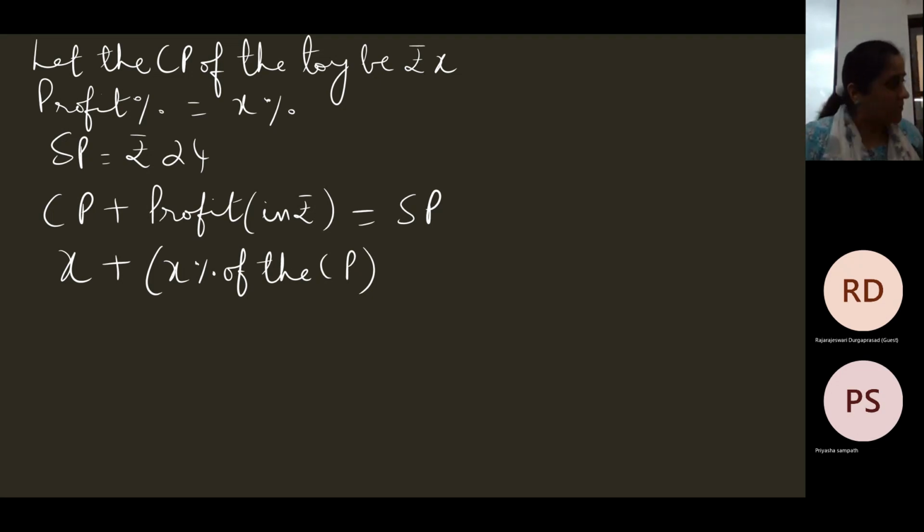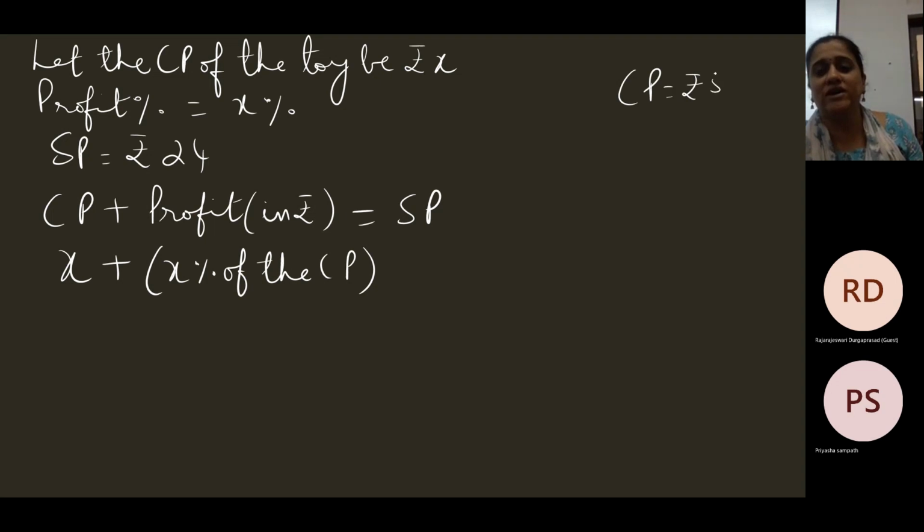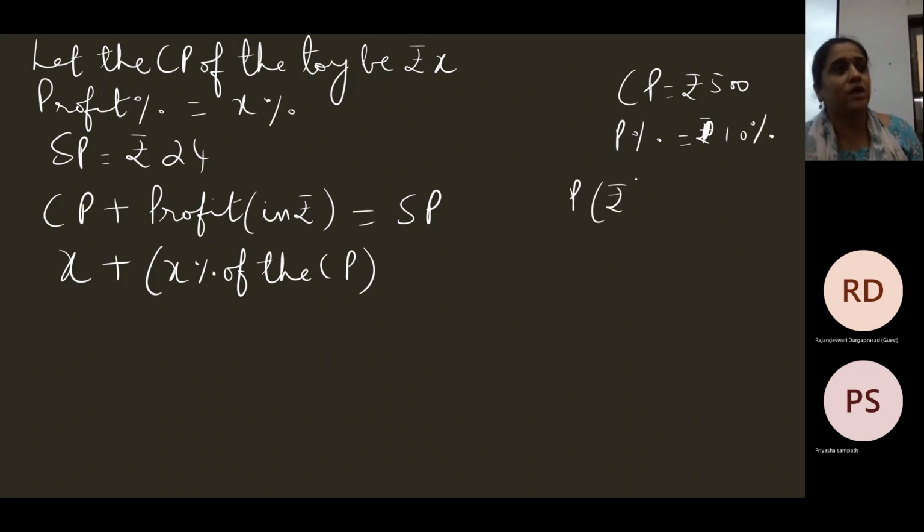The profit percentage is applied on the cost price. So it is X% of the CP. See, if the CP is say 500 rupees and the profit percent is 10%, what is the profit in rupees? It's 10% of the CP of 500.